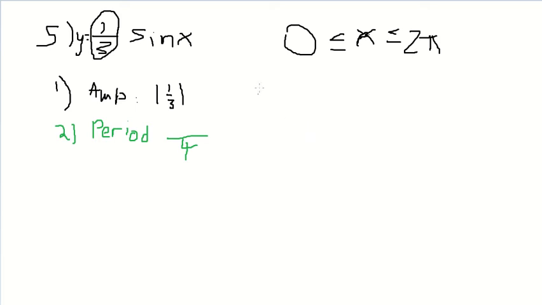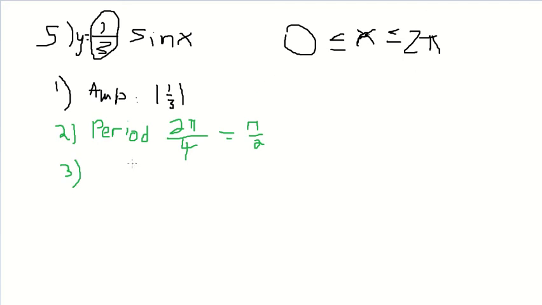It's told us in the problem that it's between 0 and 2 pi, so the x here we're going to fill out as 2 pi. And we can reduce this to pi over 2.